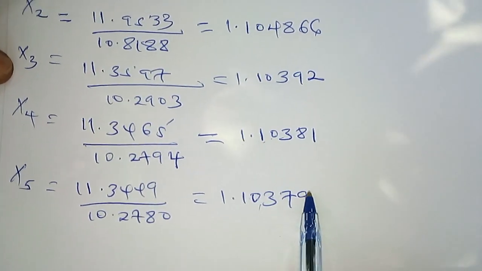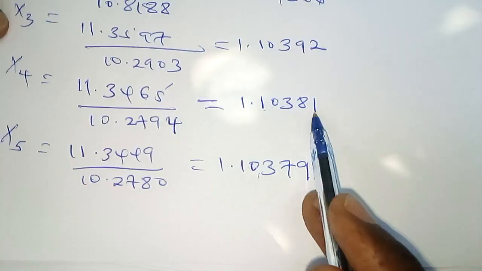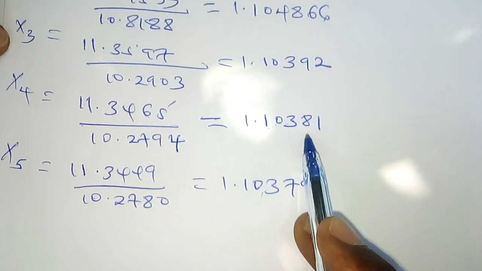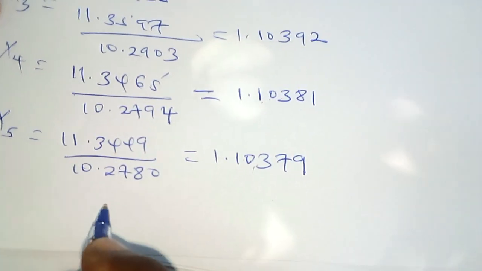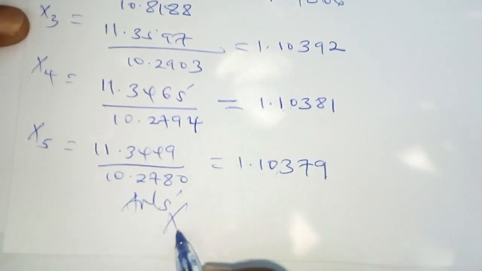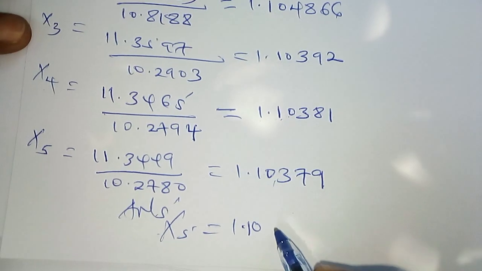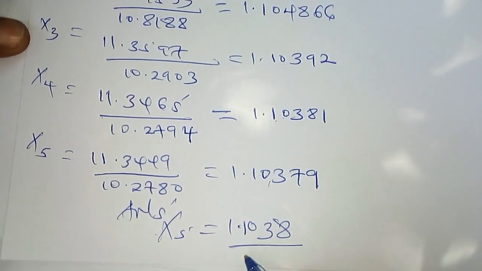So when you round off this one, it will be 8 because it is greater than 5. And when you round off this one, it will just be 8. So the answer, x5, is equal to 1.138. This is your answer.